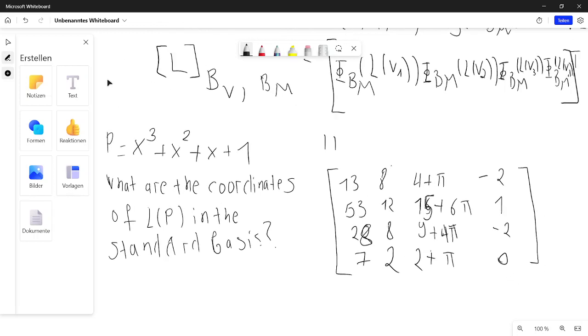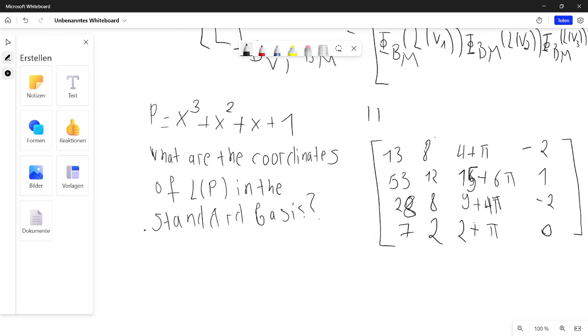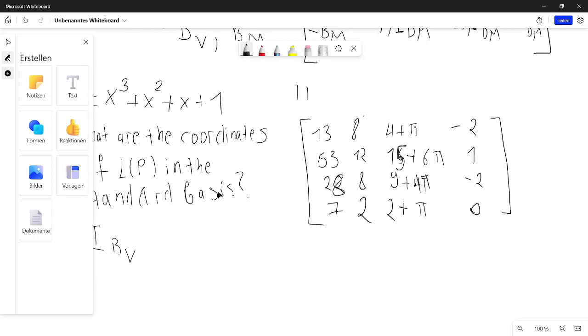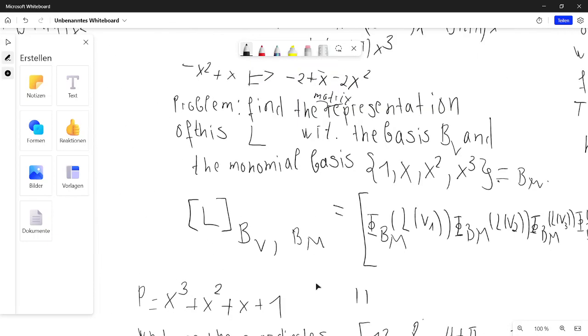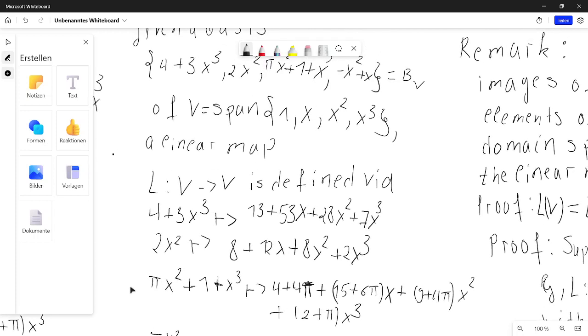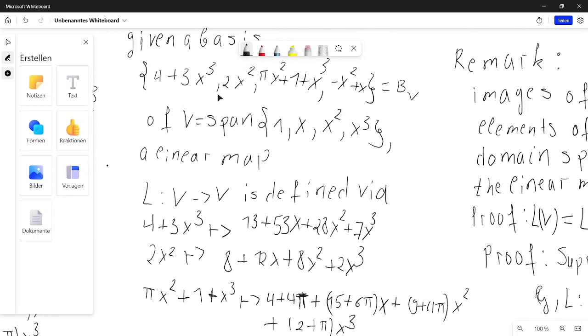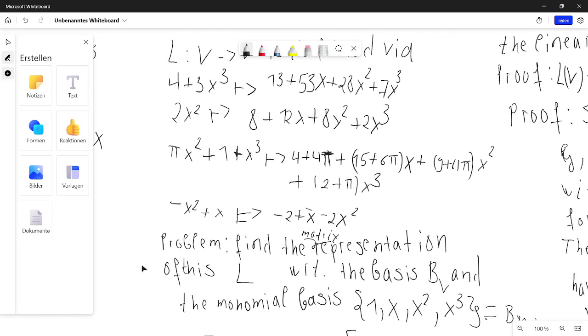And you do what? Well, you compute first the coordinates in the basis for which we have the mapping matrix, right? In the matrix BV, in the basis BV, in this funny or scary looking basis.